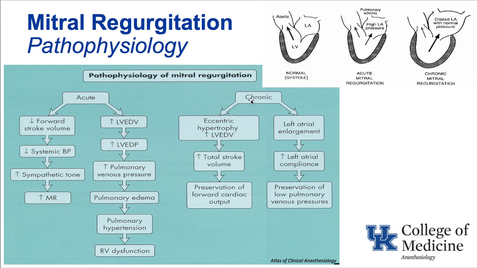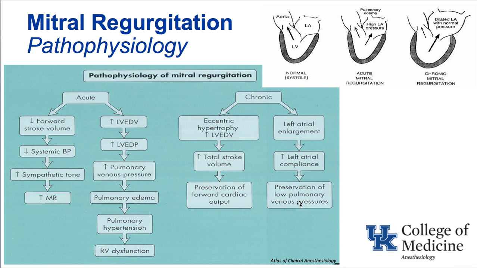A patient with chronic MR has time to dilate their left atrium, and oftentimes it will go from that 4 up to 5 and 6 and 7 and 8 centimeters, a huge left atrium that is more compliant, can accept that blood over time, and preserve the low pulmonary venous pressures.